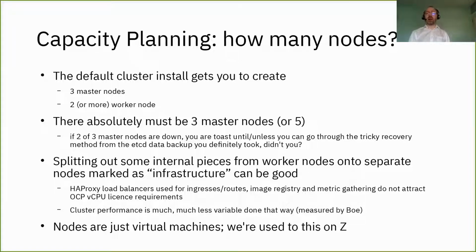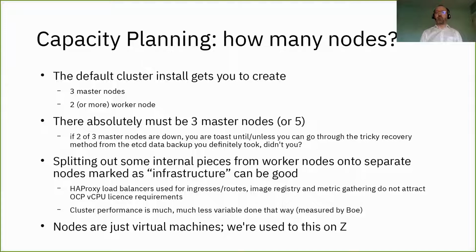So really 3 master nodes is the most common. And if one of those master nodes goes down, it's fine. That's why there are 3 of them, and the protocol underneath copes with that. If 2 of them are down, it's very, very bad news indeed.